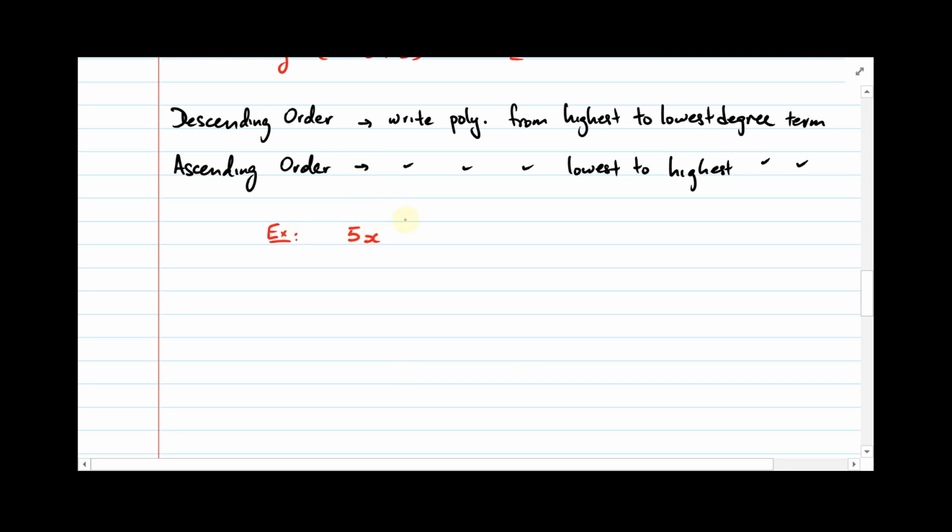If I said 5x squared plus 7x cubed minus 8. Number one, let's even start out. We can talk about the degree of each term. The term degrees would be 2, 3, and 0. So it's definitely not ordered.